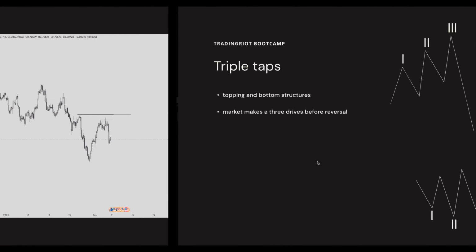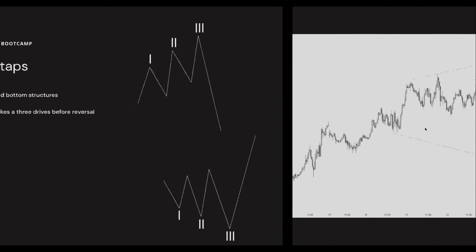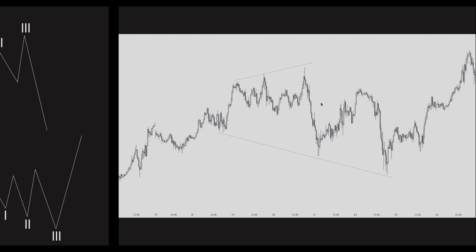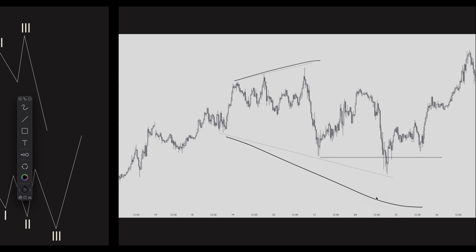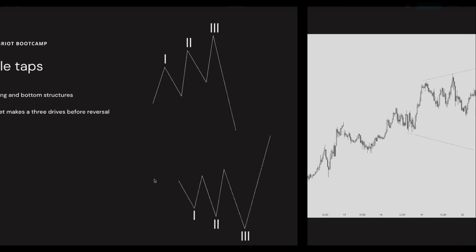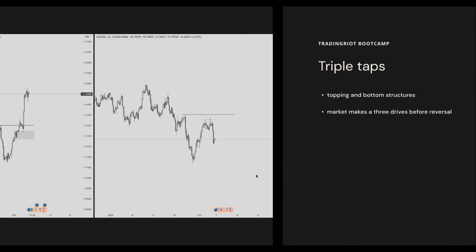But you will see this happening very often, and you will also see the execution patterns I am about to cover in the next video happening in confluence with these levels. So it's something really worth paying attention to.